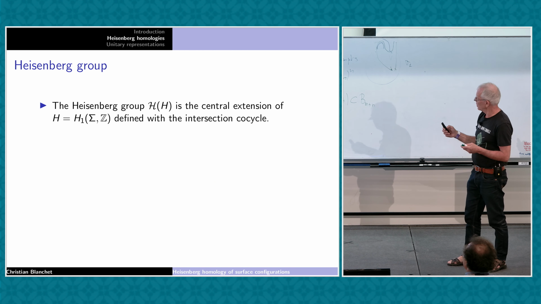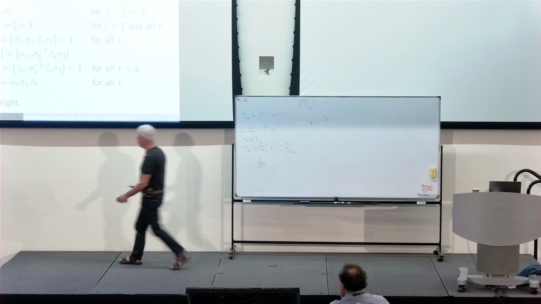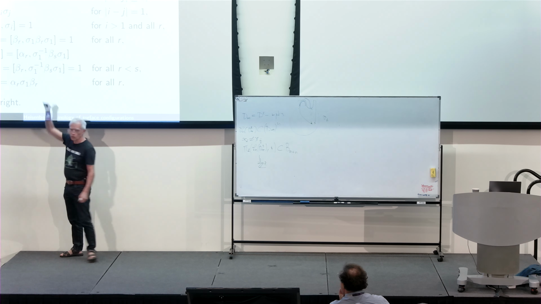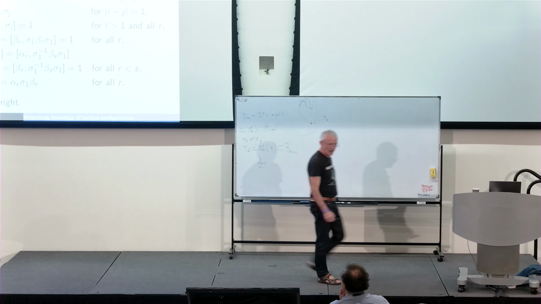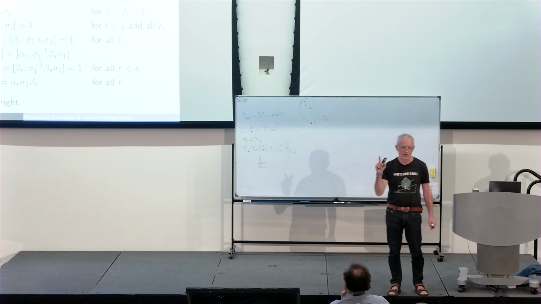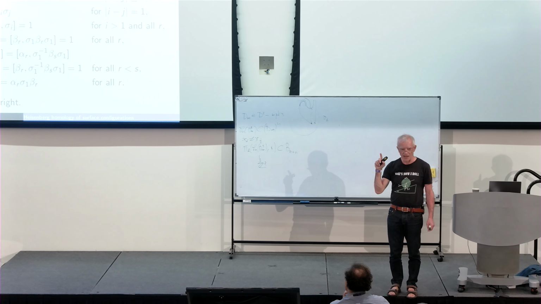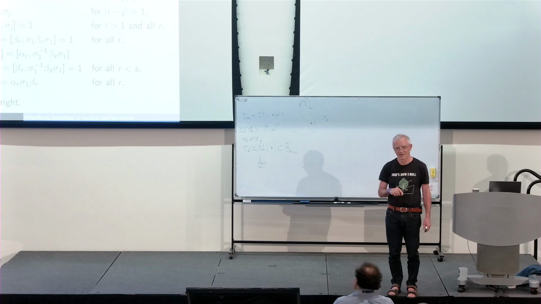Sorry. So you see this bunch of relations, and I just point you to the last one. Why the last one? Because it's clearly not homogeneous. And so if you abelianize this last one, you will get sigma 1 squared equals 1.